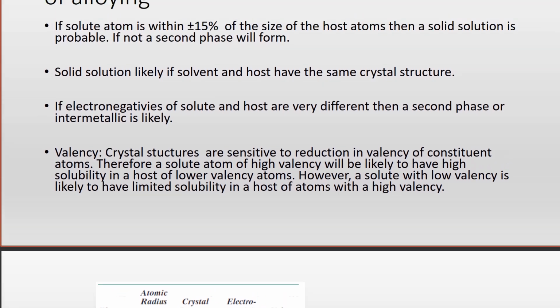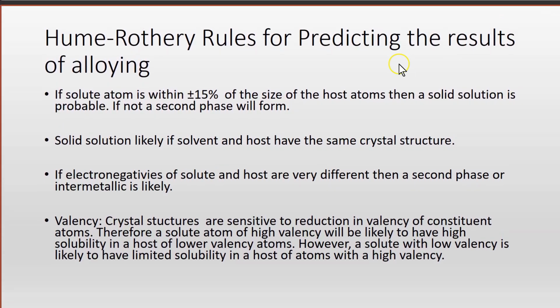When combining different materials to result in an alloy, these rules have been determined to be useful for determining whether we get a solid solution. And these are known as the Hume-Rothery rules.